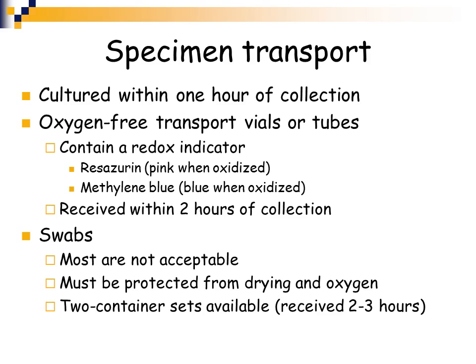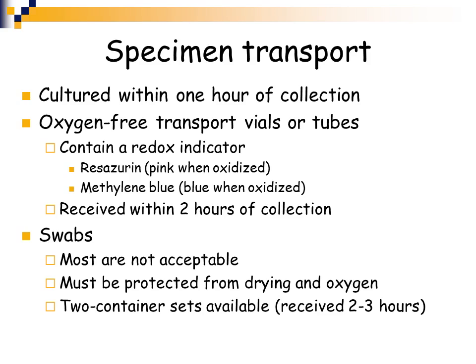However, if you're in a private laboratory, you're usually not getting your specimens within 1 hour of collection. In that case, if you were to receive a specimen and there was a request to do an anaerobic workup on it, you have to make sure that that specimen's been transported in an oxygen-free transport vial or tube.